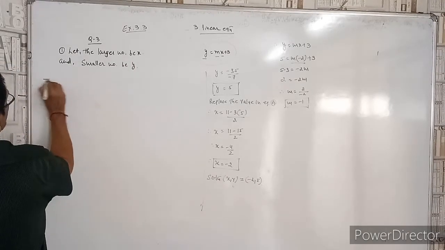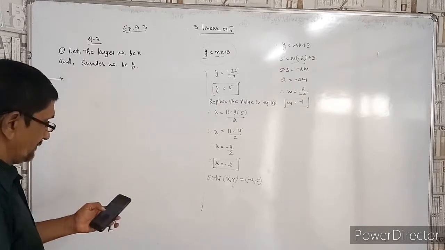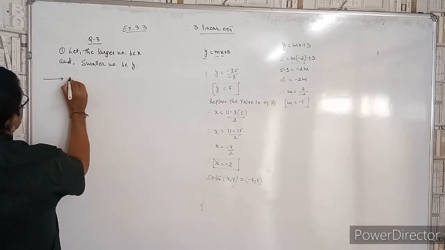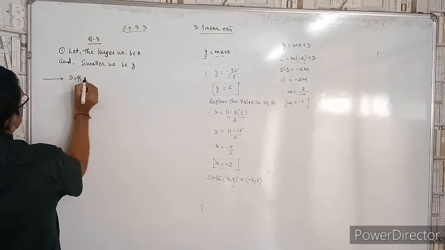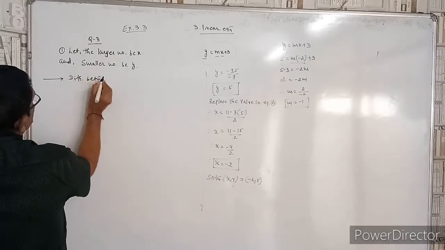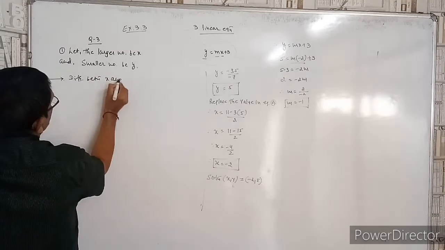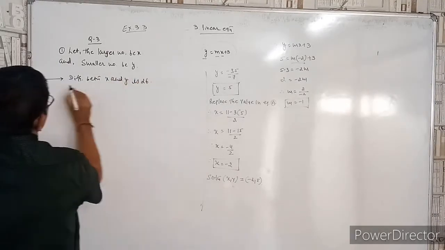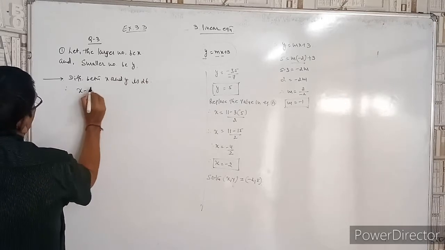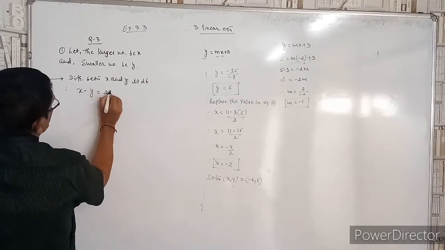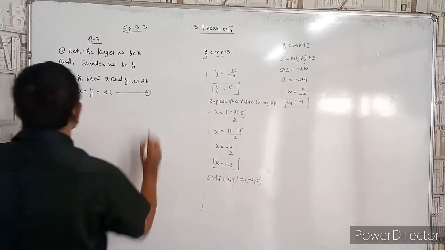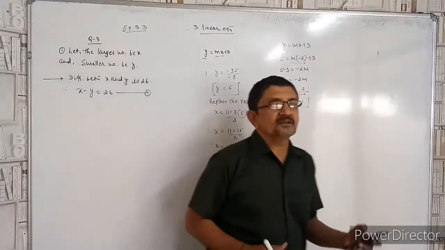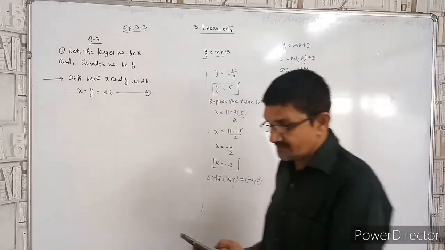So the first equation: the difference between the two numbers is 26. Difference between x and y is 26. So therefore x minus y is equal to 26. This is your first equation. Difference means x is greater than y by 26.